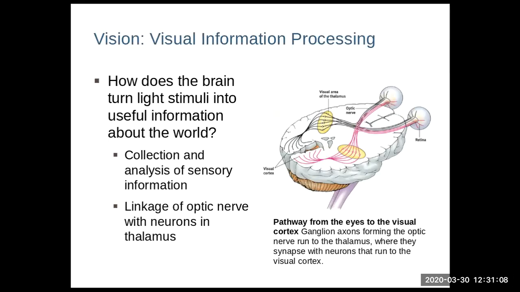Where the information from the optic nerve first synapses or first stops is, you guessed it, in the thalamus, because 4 of the 5 senses, except for the sense of smell, go through the thalamus. Remember that the thalamus is our relay station and our amplifier. So even if the signal from the eyes was kind of weak, the thalamus makes sure it gets to where it needs to go, and the thalamus makes sure that the signal is as strong as it can be. It amplifies the signal. From the thalamus, there's only one more stop on this pathway.